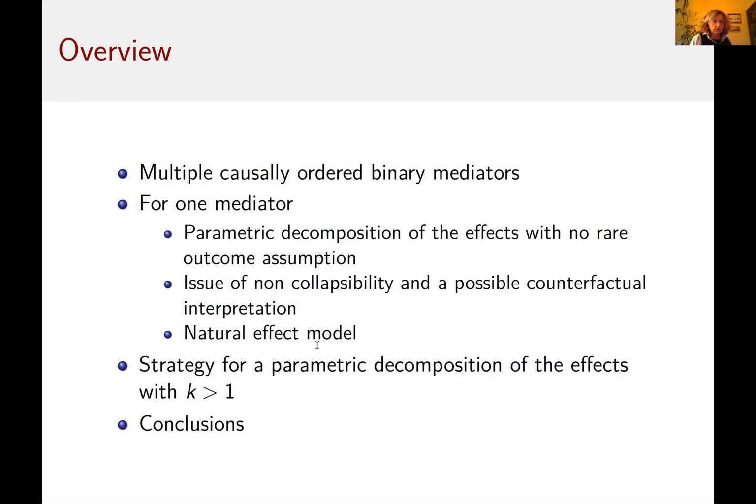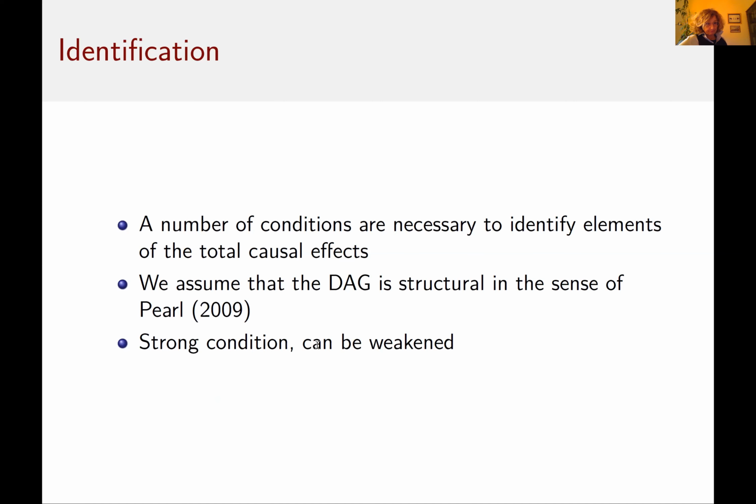And I will also talk about the issue of non-collapsibility and the possible counterfactual interpretation of this problem, which is well known in the logistic context. I will also present the natural effect models, and then I will talk about the strategy, how the previous strategy for one mediator could be extended to help disentangle the parametric decomposition of the effects when we have more than one mediator, and draw conclusions.